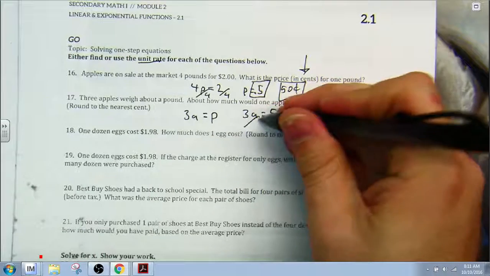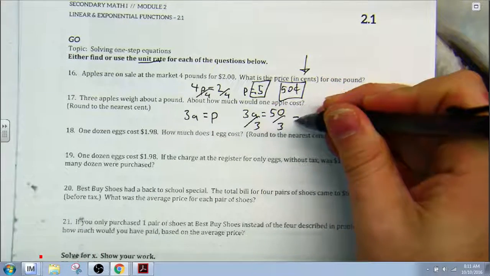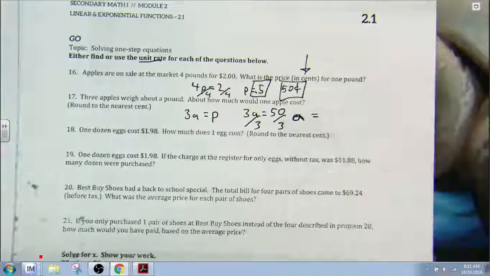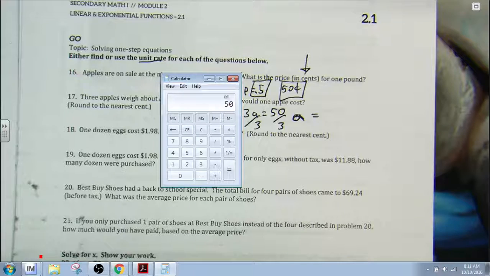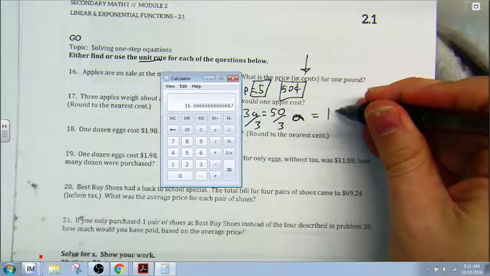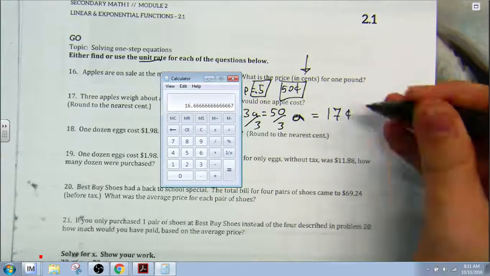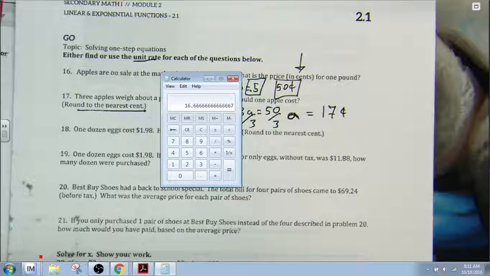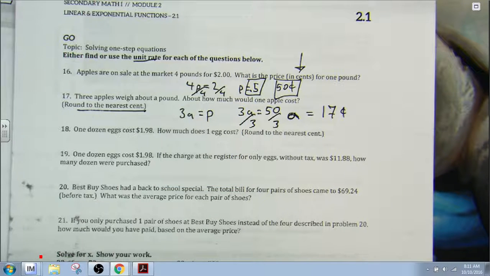So if I divide by 3, an apple is going to equal 50 divided by 3, 16.67 cents. So we will say 17 cents because we are going to round to the nearest cent. I've never given somebody 0.6666 cents in my life. So we would round that up to 17 cents.